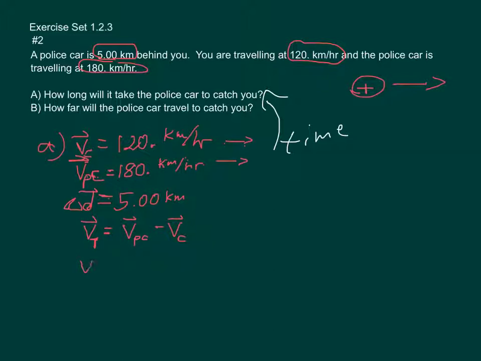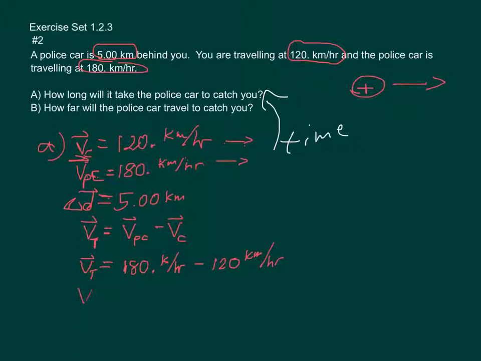So velocity total is equal to velocity of the police car, which is 180 kilometers per hour, minus 120 kilometers per hour.